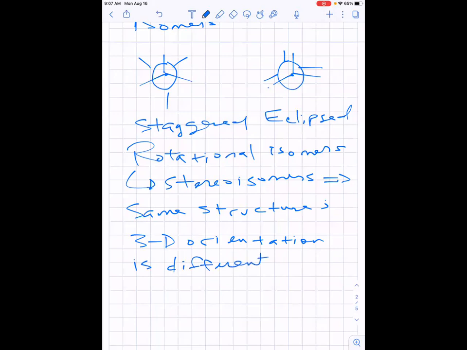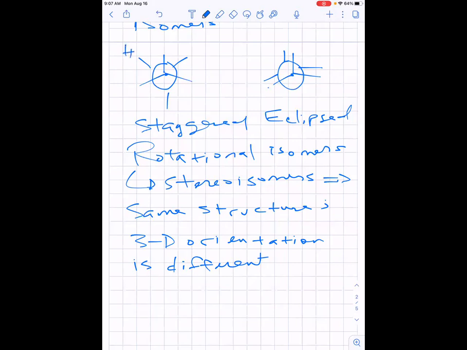Right, so same structure, different 3D orientation. So the difference here is the rotation around the carbon-carbon single bond. Is everybody familiar with what a Newman projection is? Yeah. Have you seen this? Yeah. So this Newman projection is for ethane.